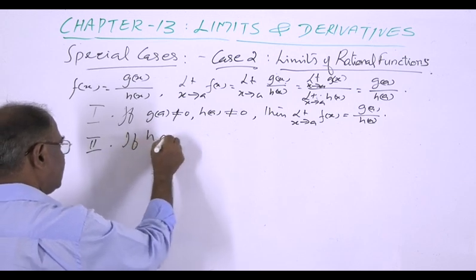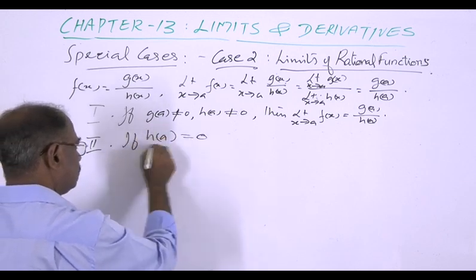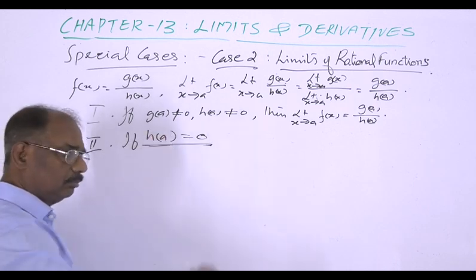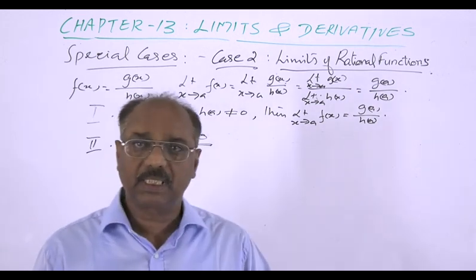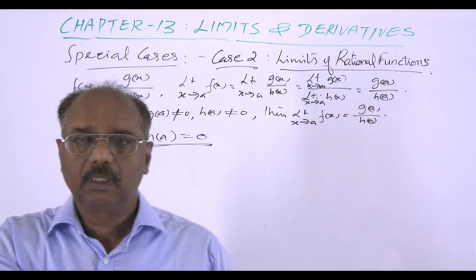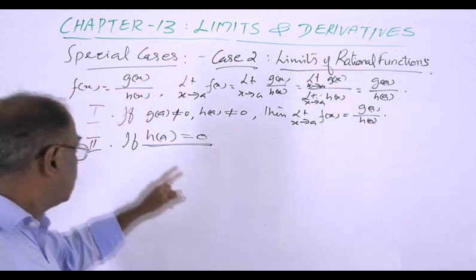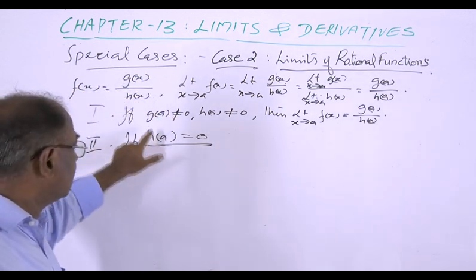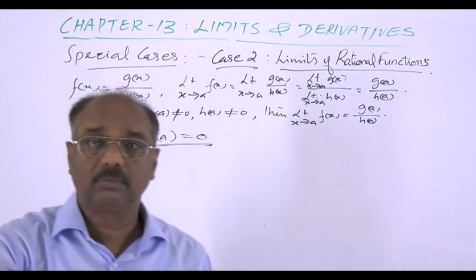Then case 2. If h(a) is equal to 0, this is the problem case. That is, when we substitute x equal to a in the denominator, h(a) becomes 0.